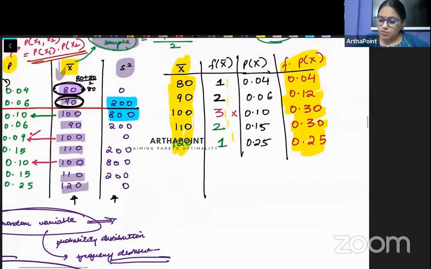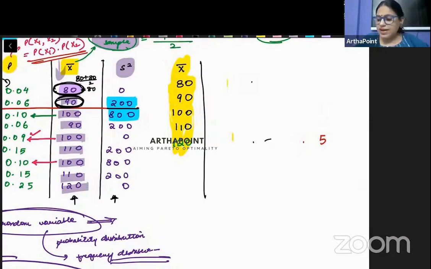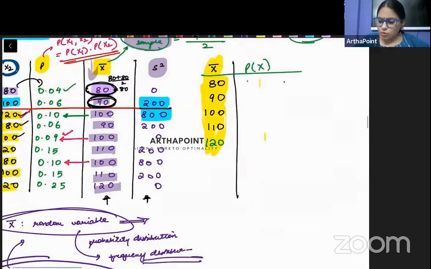So what I will do better, because this may seem confusing, is simply add the probabilities, because I see a difference in the probability of 100 here. For 80, it remains at 0.04. For 90, I see 0.06 here and 0.06 here, so it was the same as multiplying by 2, giving 0.12.